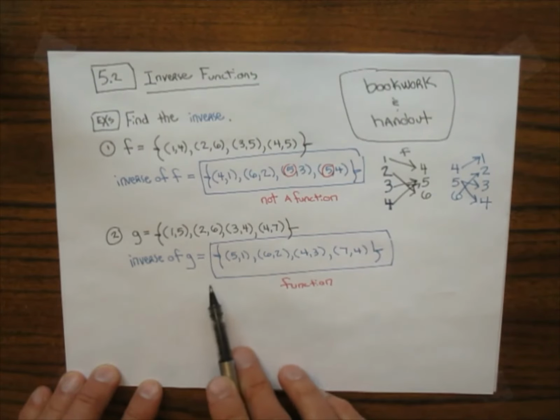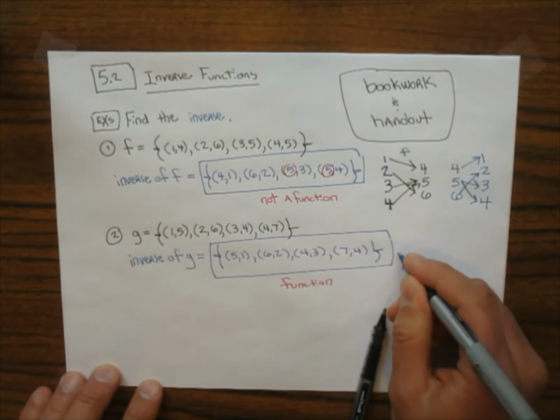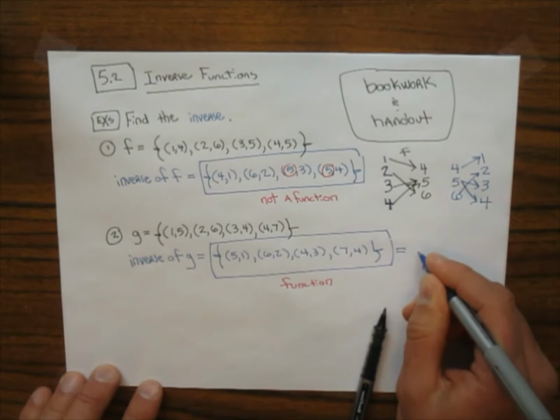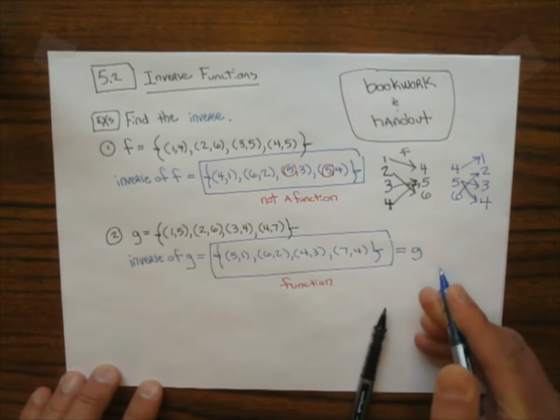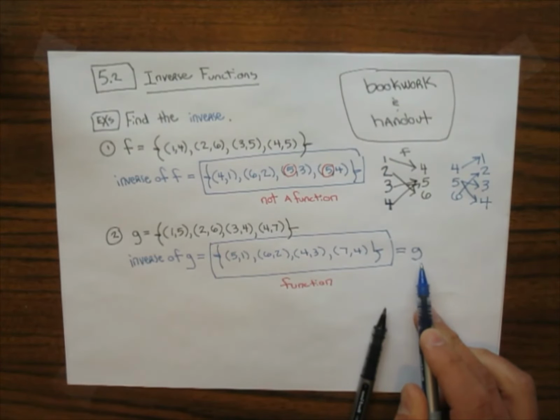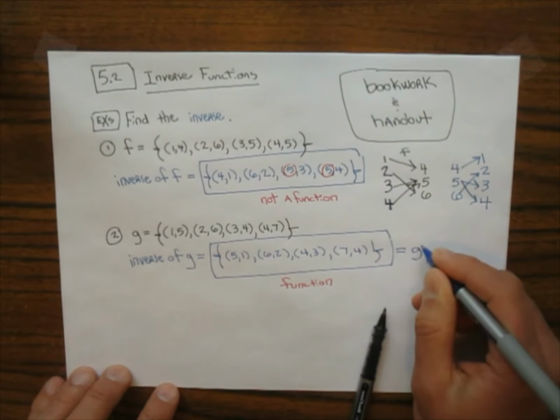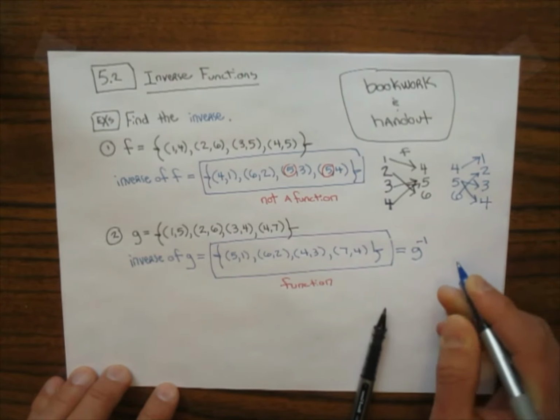So when the inverse is a function, it has notation. Well, we can't just call it g. We're going to call this g inverse. So there is a symbol for the inverse, and it's confusing if you've never seen it. It looks like an exponent, -1.